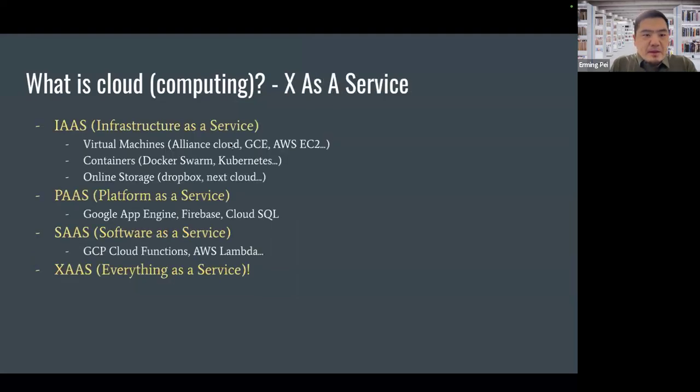There are basically three categories of X as a service: IaaS, PaaS, and SaaS. Each layer represents a different level of virtualization. What you will see today for the hands-on stuff is mostly IaaS. That's the base of everything for the cloud.